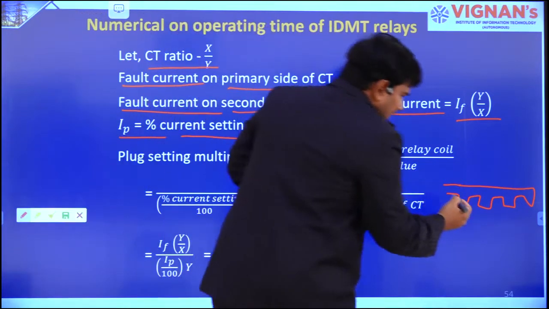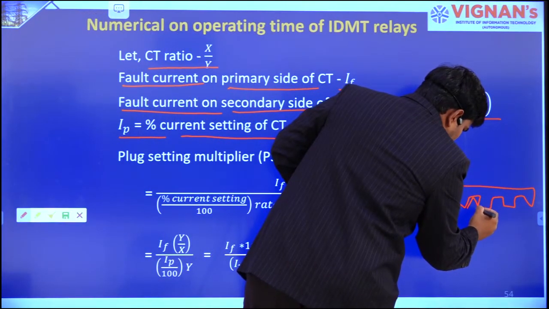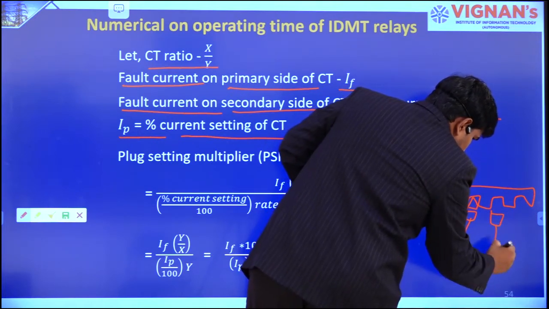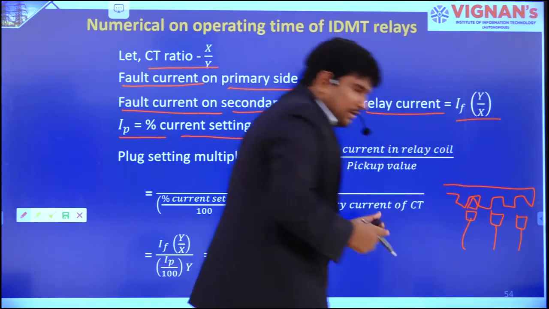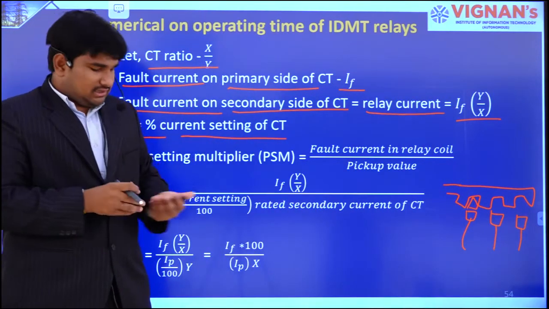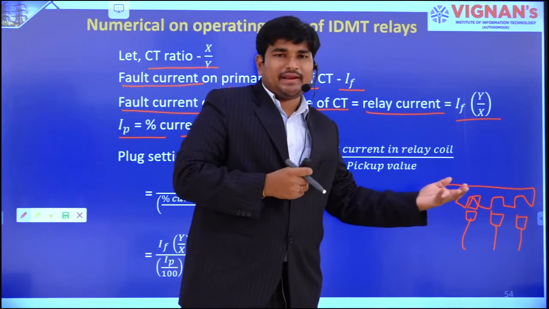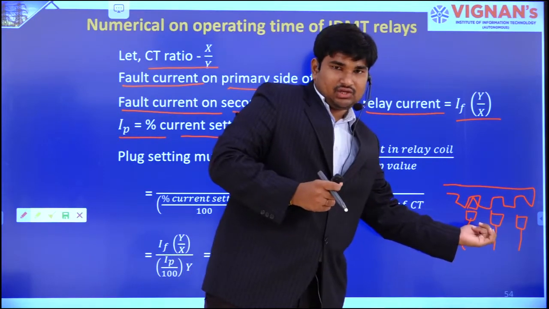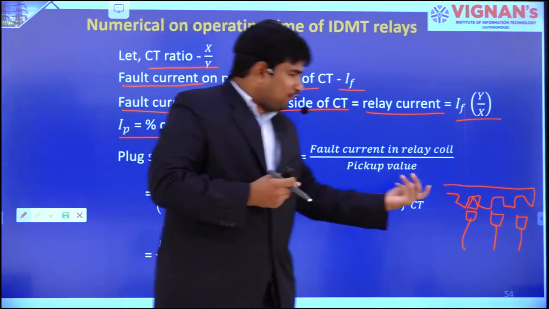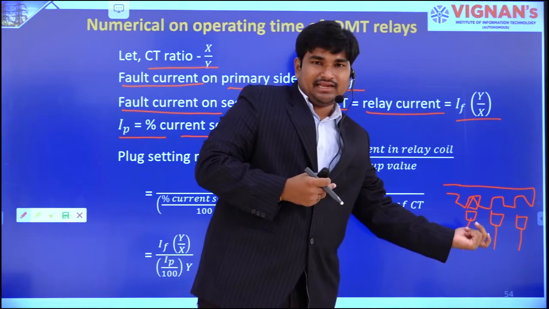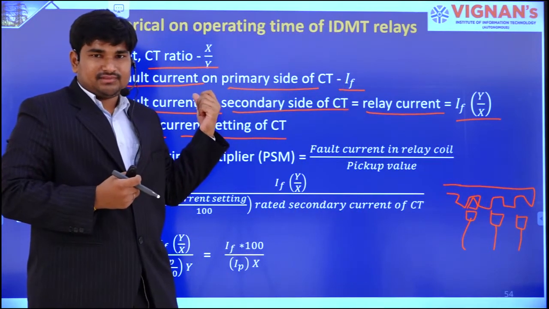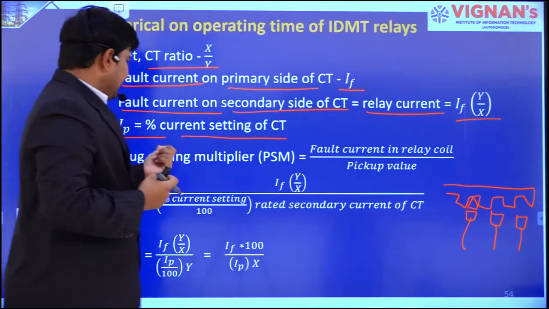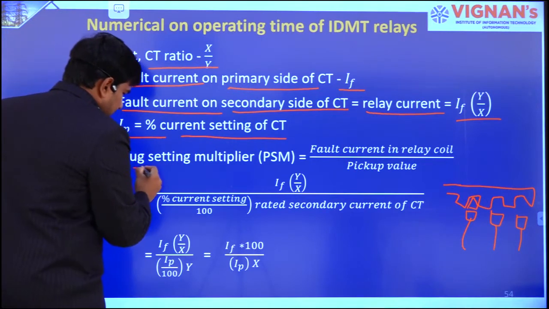According to the fault current, we will select the operating point of the relay. Then the relay can be operated at different values of fault current because of this plug setting bridge only. So I need to find at what value of plug setting the relay is operating. That I need to find first. That is the PSM, plug setting multiplier.